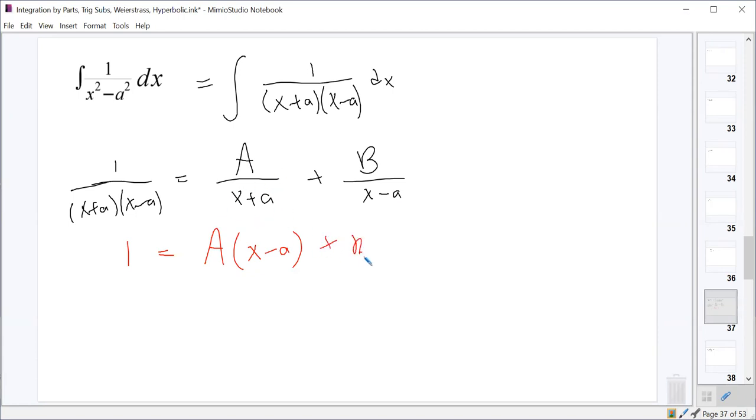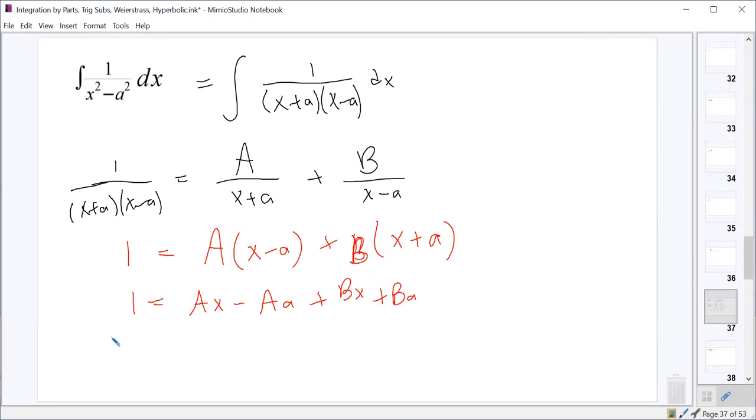And then plus capital B times the x plus a. Everybody good with that? Or 1 equals capital A x minus capital A little a plus capital B x plus capital B little a.